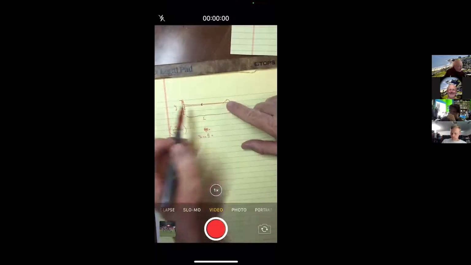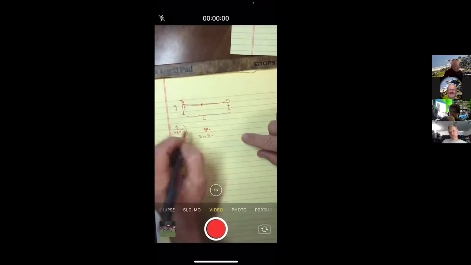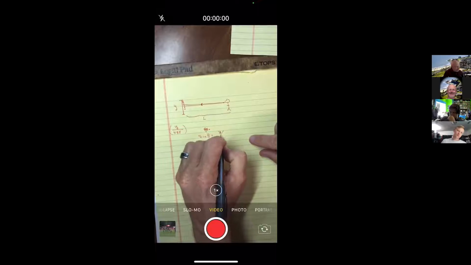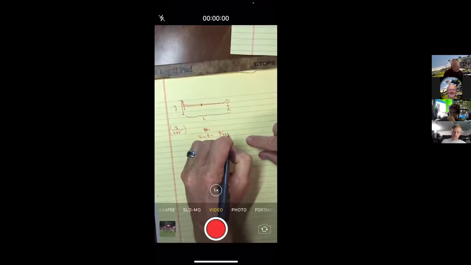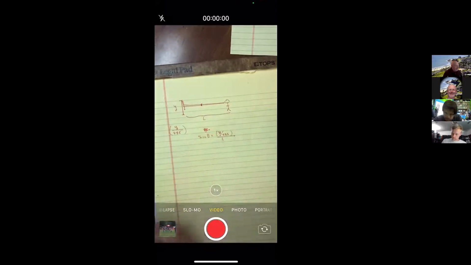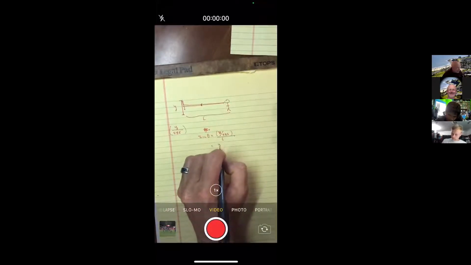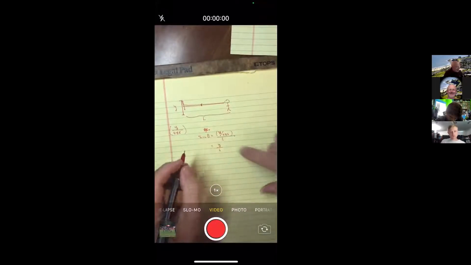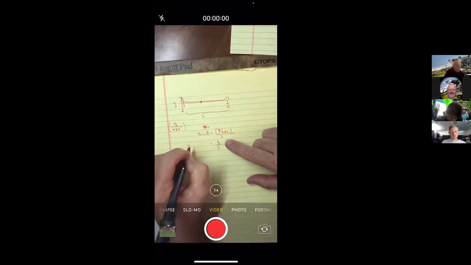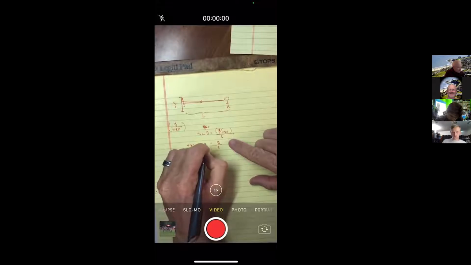Looking at this as a triangle, the opposite side would be this distance between lines, so sine theta equals Y divided by 485, divided by L. And of course, if you simplify this math, you get Y over L equals 485 times sine theta.